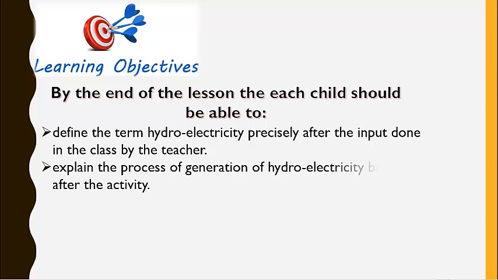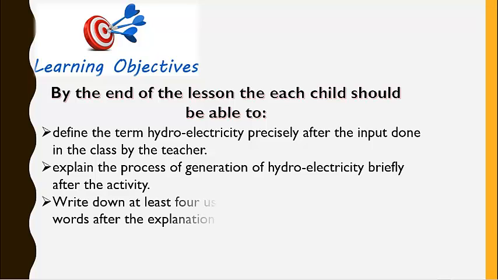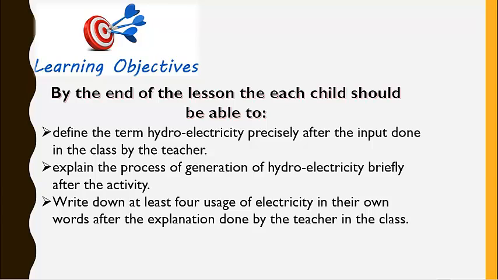Explain the process of generation of hydroelectricity briefly after the activity. Write down at least 4 usages of electricity in their own words after the explanation done by the teacher in the class. So these are some of the learning objectives that I want to acquire in my teaching.